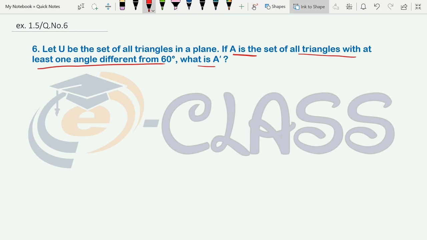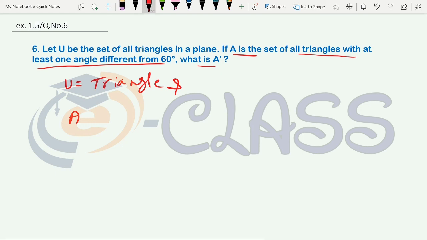So the universal set is the set of triangles. Now A equals the set of triangles with at least one angle different from 60.